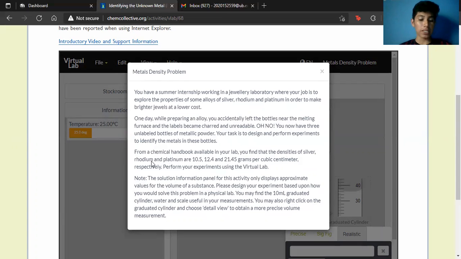And for the last metal, I got a density of 24.4413. Here it's close to 21.45, not that close, but it's around it. So the last metal would be platinum.